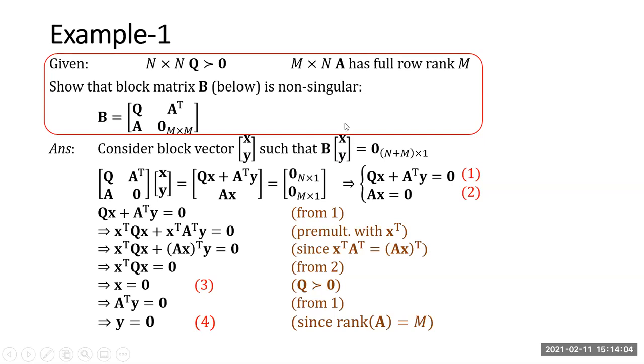Doctor, a little question. Sure. Was it possible to assume in the beginning that, for example, from equation 2, that equation with Ax equals 0, that x is equal to 0 because A is full row rank, without doing those first steps?